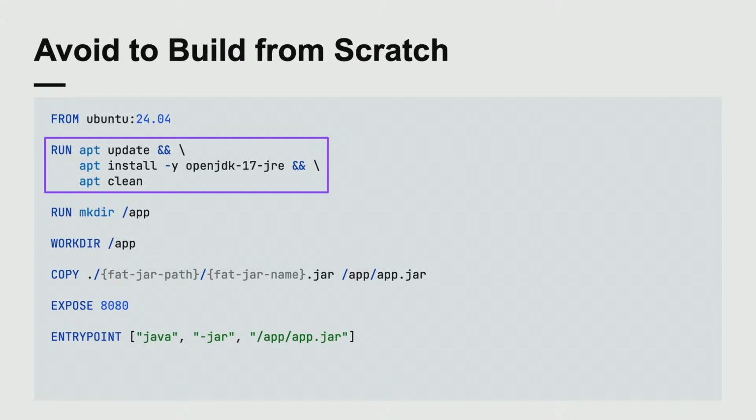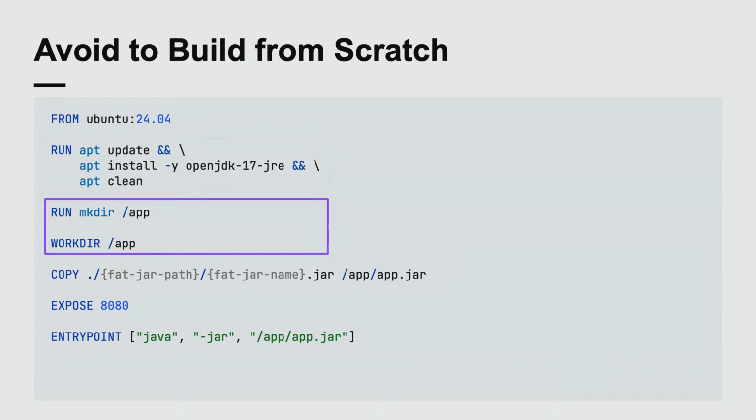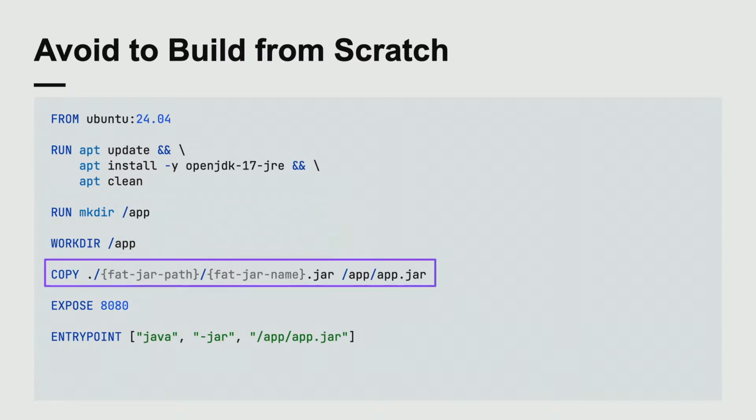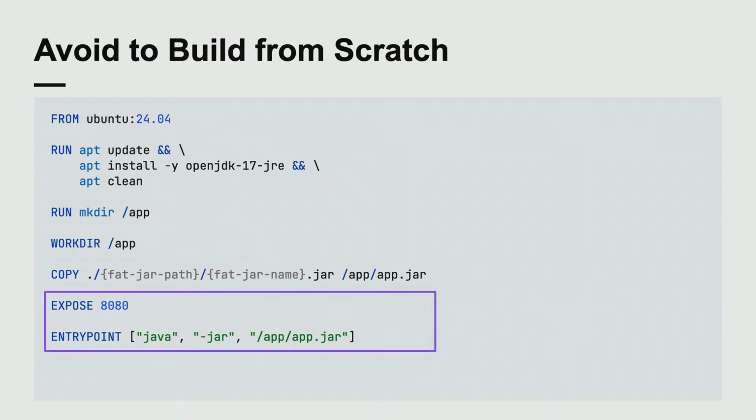Then we create an app directory and make it the working directory in your Docker container. And then we copy the fat jar from your local machine into your Docker container. And the last part, we expose port 8080 and use the Java command to start up your application. So that is simple and quite straightforward.